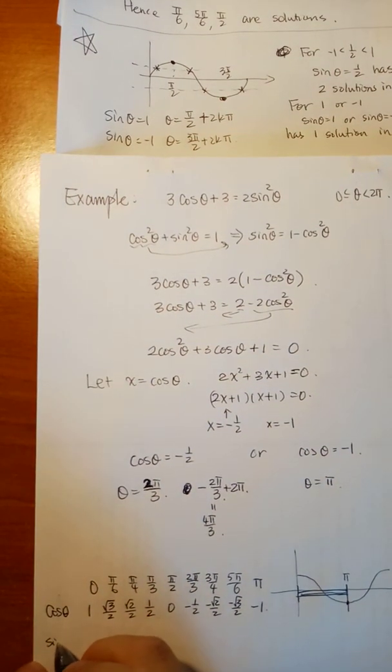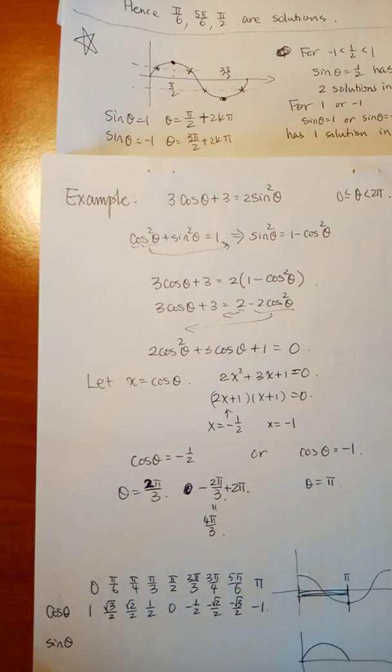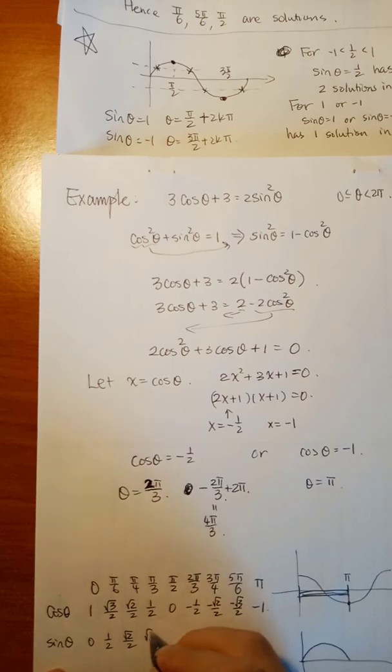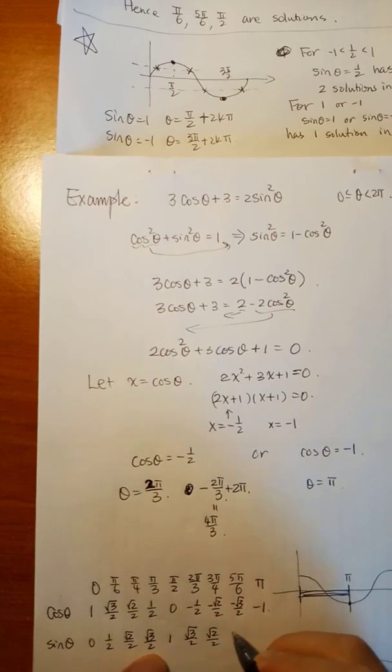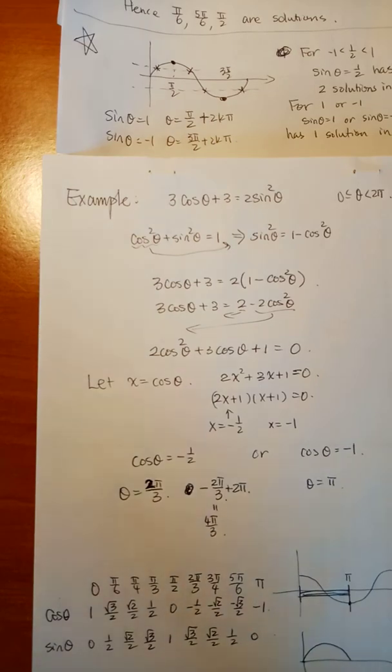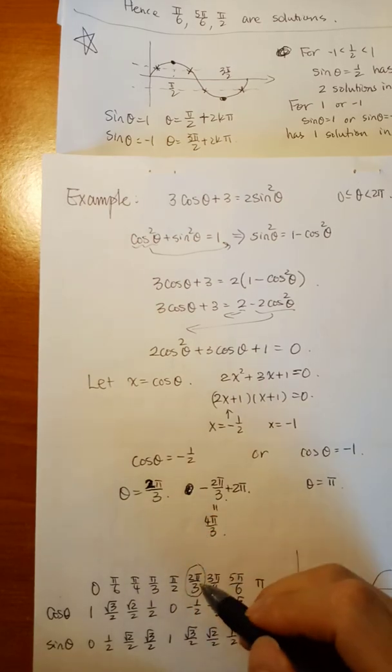And sine theta is going to be like this. It's 0, 1/2, root 2 over 2, root 3 over 2, and 1, and then going down, root 3 over 2, root 2 over 2, and 1/2, and 0. Okay, and that's the reason I changed the 4 pi over 3 to 2 pi over 3.